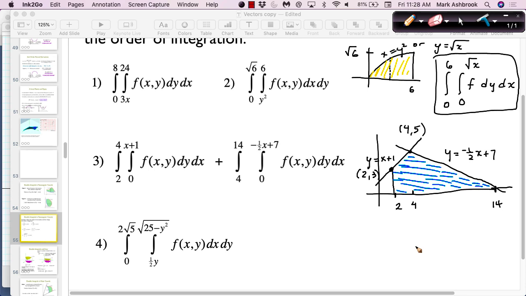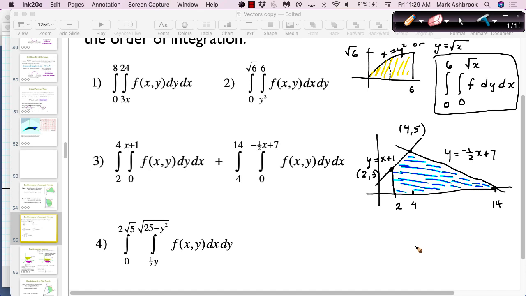So we're given type 1, so now we're going to write this in type 2, right? So type 2 means what to what first? Left to right. So we're looking at the left boundary and the right boundary. That's what's going to determine if we need to split it up or not, the boundaries. Not what's happening inside the region.